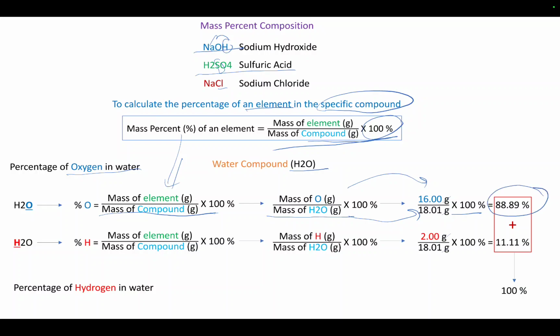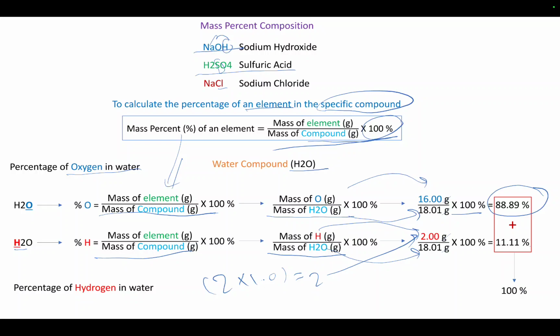For the hydrogen it is the same law. So we write mass of hydrogen over mass of H2O. Just keep in mind we have H2, so 2 multiplied by 1 for the hydrogen atom gives us 2, so we write 2 at the numerator. The answer will be 11.11% for hydrogen.